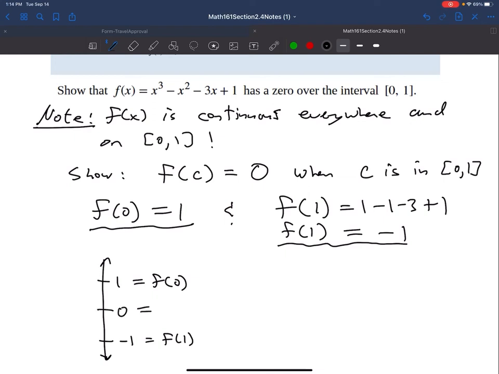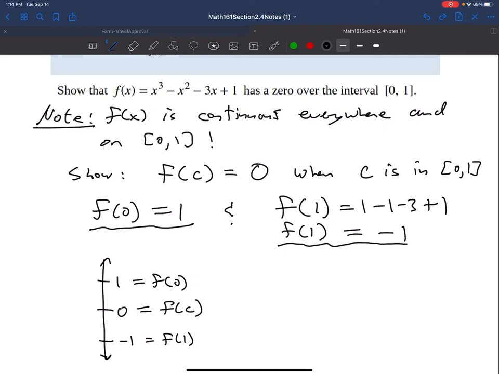So there has to be some c that I can put in that when I run it through the function gets me 0, because the function is continuous. That's what the intermediate value theorem says, because notice 1 is above 0 and negative 1 is below 0. So that means that there has to be some c that when sent through the function gets me z, which in this case is 0.